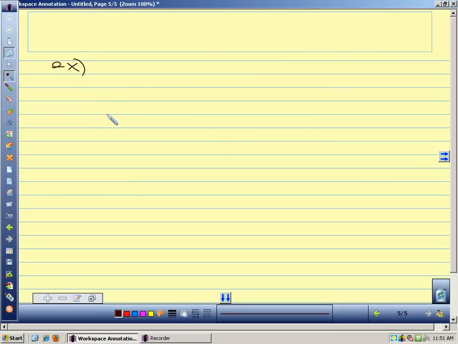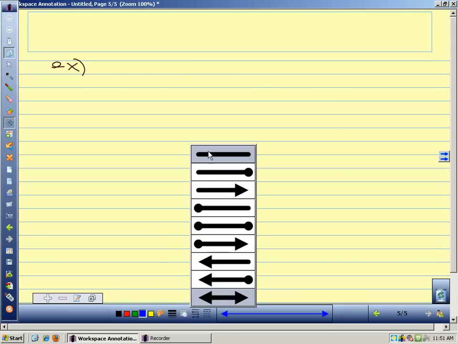So our example, here's our picture, and I'm going to get rid of my arrows here.